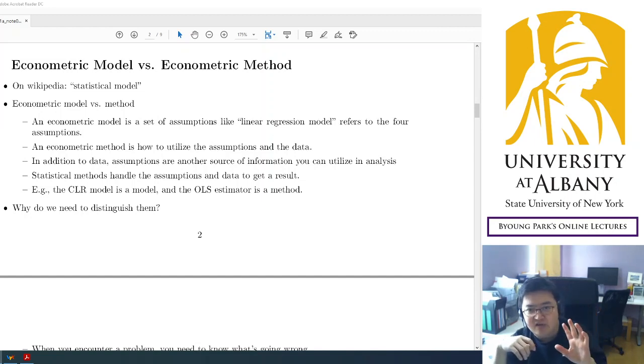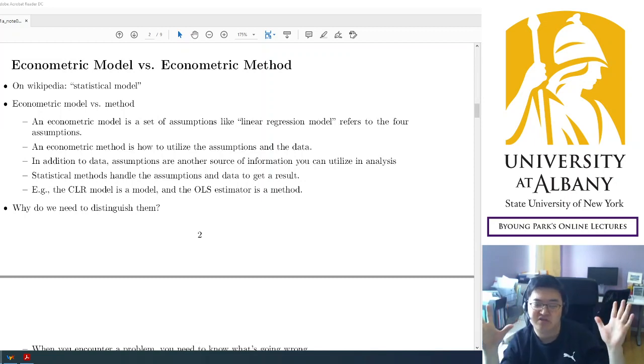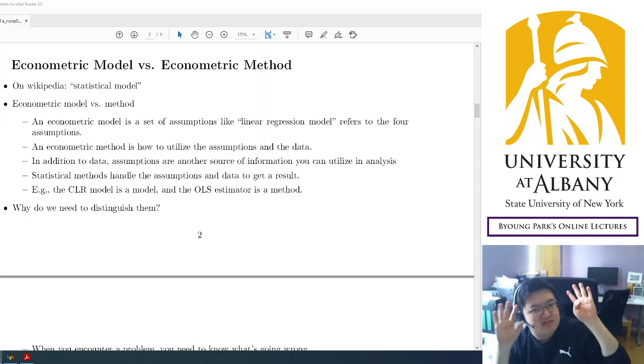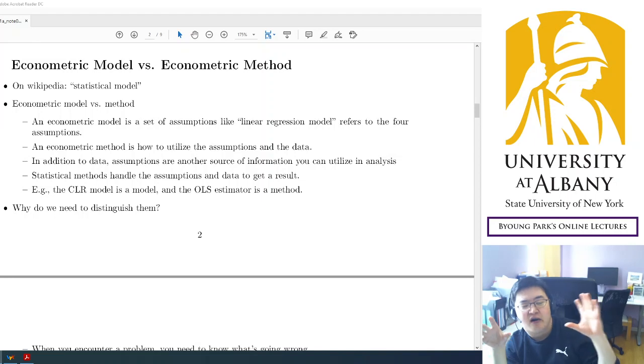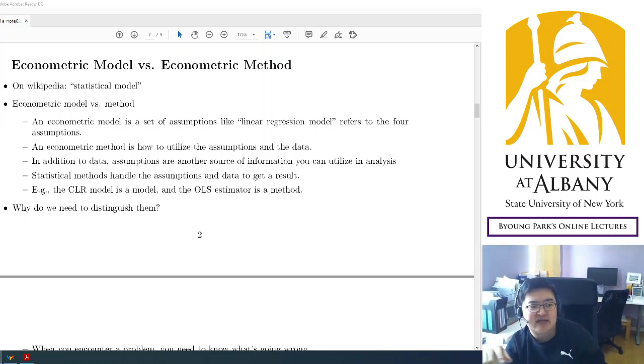So basically there are two different steps in this introduction. The first part is about the assumptions. That is the econometric model. The classical linear regression model consists of 4 assumptions plus implicit assumptions, basic assumptions. The set of those assumptions is referred to as an econometric model. So a model is assumptions, right?